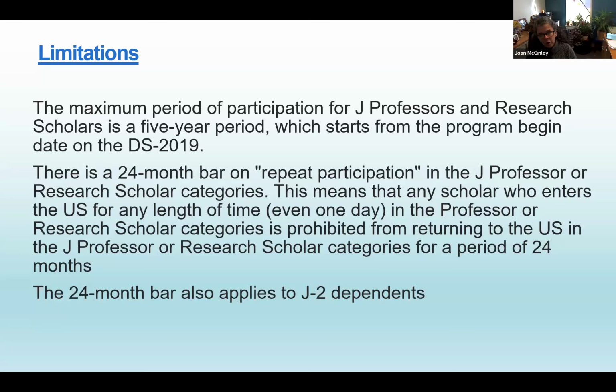You will be subject to the 24-month bar if you're here for 1 day of a 5-year program, or whatever the initial DS-2019 is issued for. If you're here for 1 day, 24-month bar, for both the J1 principal and any J2 dependents. And just as a reminder, dependents are children or spouse. That's it. Next slide.